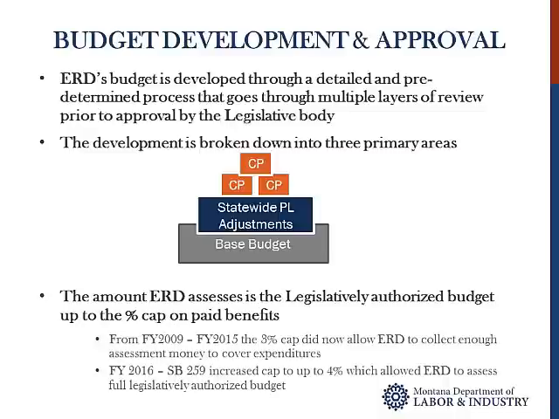We develop 2 fiscal year budgets at a time, with the fiscal year being from June 1st through July 30th. The review process goes through several steps, including DLI management, the Governor's Budget Office, the Legislative Fiscal Division, and ultimately the legislature. There can be changes at any point during this process, and it is the responsibility of the legislative body to present a finalized budget.